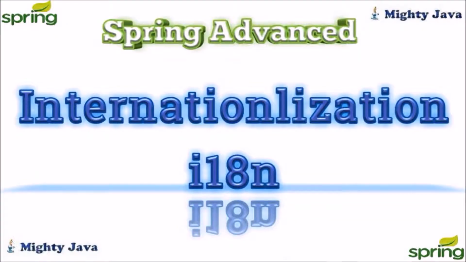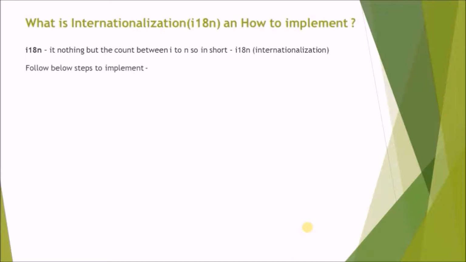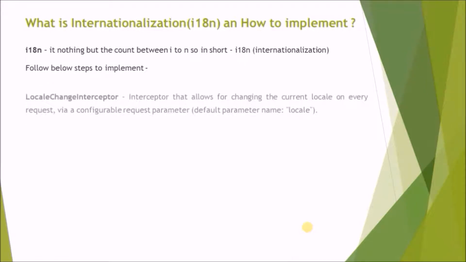In this video, we will learn about internationalization. What is internationalization and how to implement it? Internationalization is nothing but the count between I and N, so in short, i18n. Follow the below steps to implement.